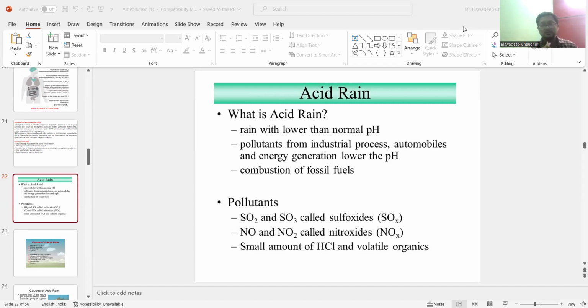Toxic gases, as we discussed earlier, are sulfur dioxide, nitrogen dioxide, carbon monoxide, these things. So, how does it create acid rain? It creates acid rain by adding those poisonous gases in rainwater. So let us understand what we mean by mixing of gases in rainwater?